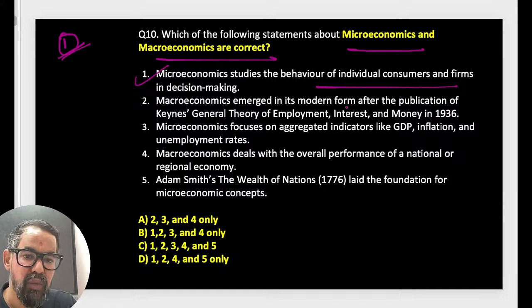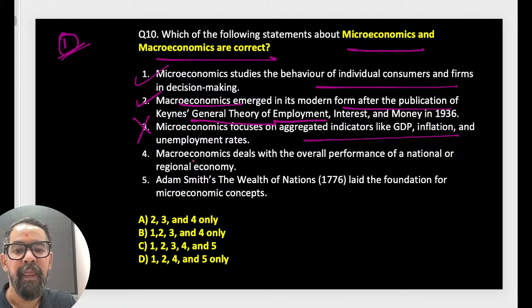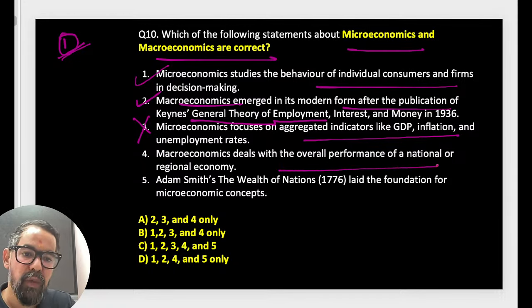Macroeconomics emerged in modern form after the publication of Keynes' theory of employment, interest and money, 1936. Microeconomics focus on individual indicators. Macroeconomics focus on aggregated indicators. Macroeconomics deal with the overall performance of national and regional economies.